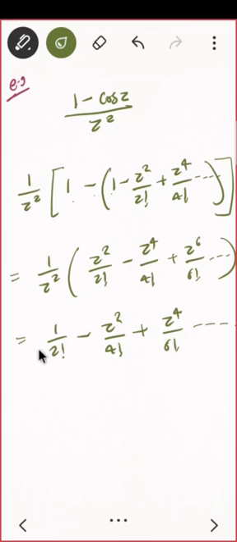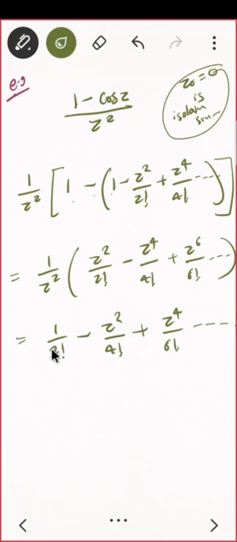So z = 0 is an isolated singularity. And which type of singularity is this?